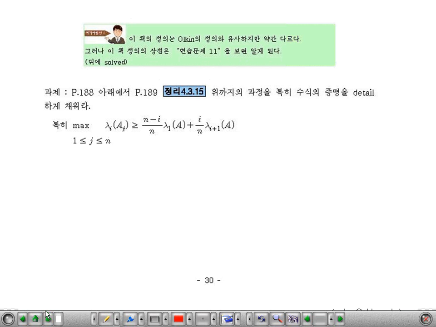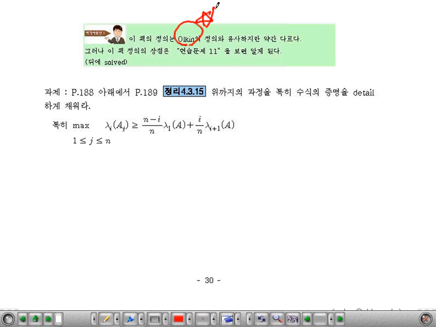The next section is about majorization. There are two ways of defining majorization. Usually the best reference for majorization is the book written by Olkin and Marshall, but this matrix analysis book has a better definition of it.